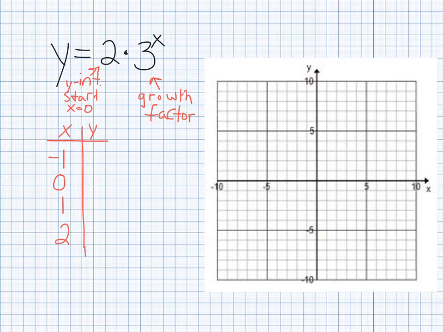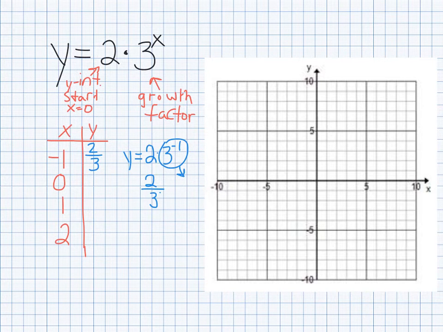I think that's enough points to see what this graph is doing. When x is -1, we've got y equals 2 times 3 to the -1. Great news, we know what 3 to the -1 is. That becomes 2 over 3 to the first, or just 2 over 3.